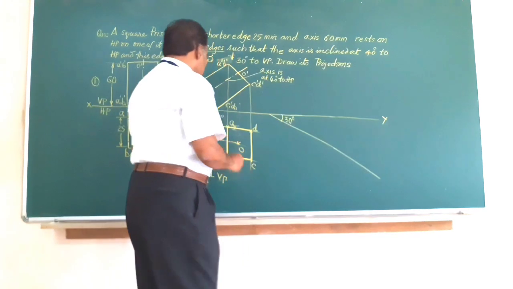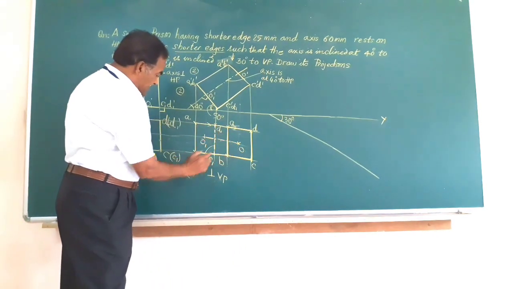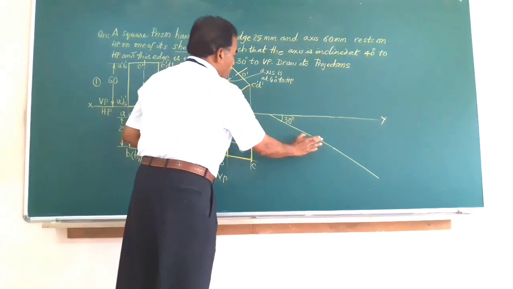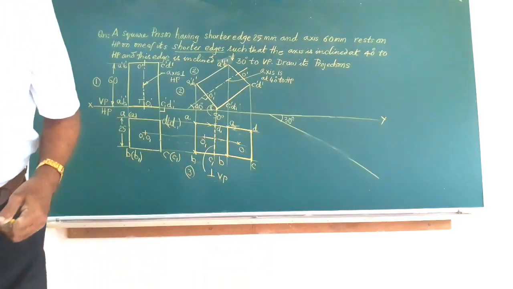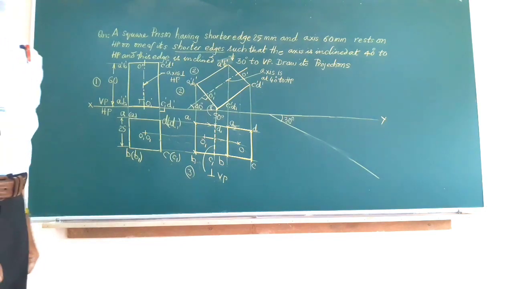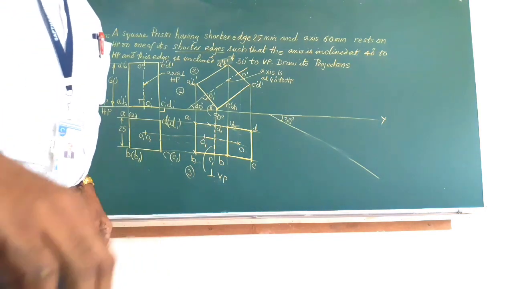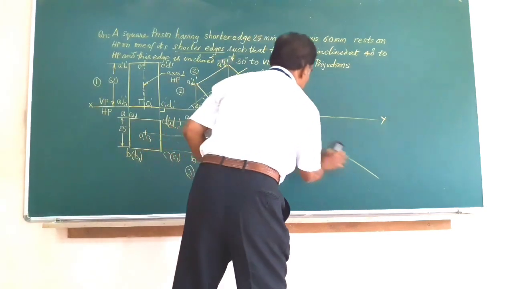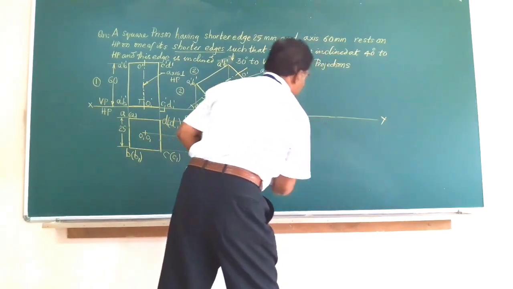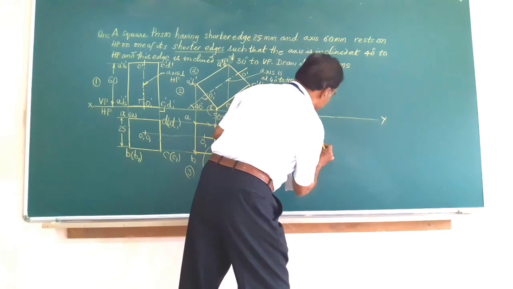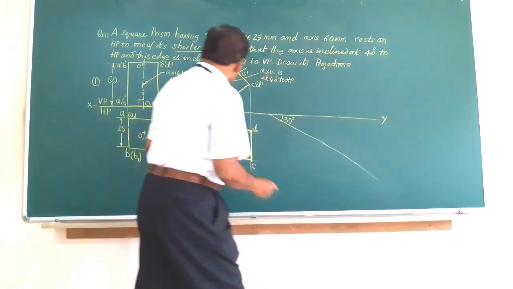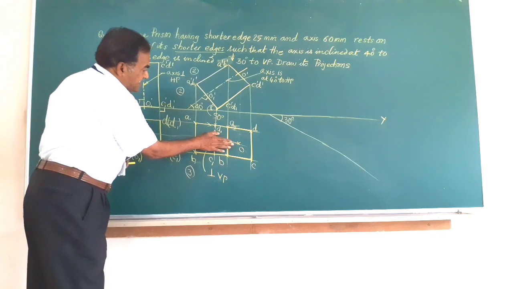And after this, I am going to draw this figure 3 as figure number 4 here, such that the edge on which the solid is resting is inclined at an angle of 30 degrees to VP. Let me draw that. First of all, a line at 30 degrees. Then I am going to redraw this figure number 3 here.